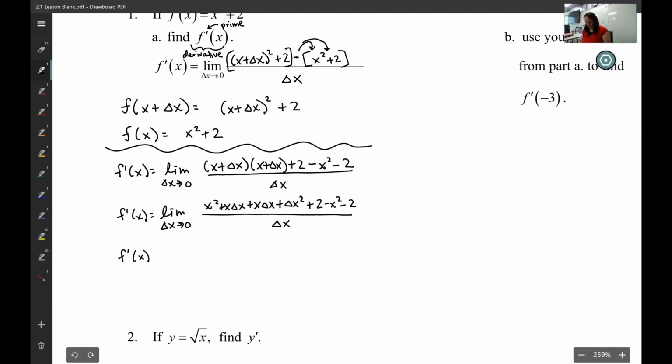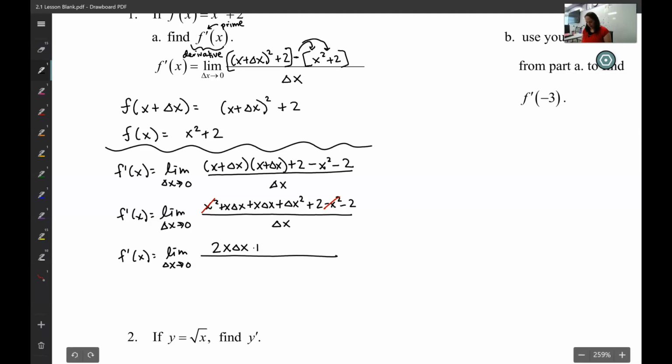Okay, let's simplify this some more, combine some like terms. So I have an x squared minus an x squared, so that's going to go away. I have an x delta x plus an x delta x, so that's going to be 2 x delta x's.